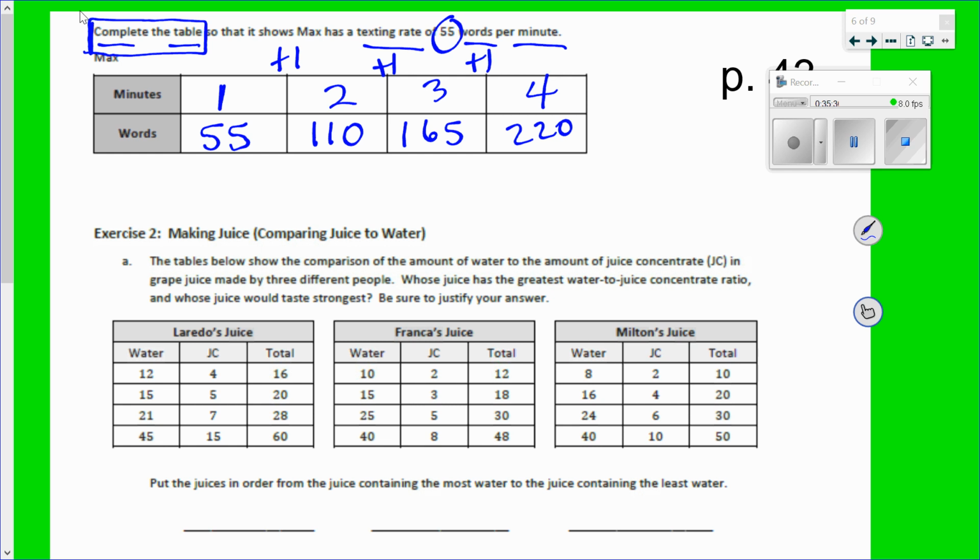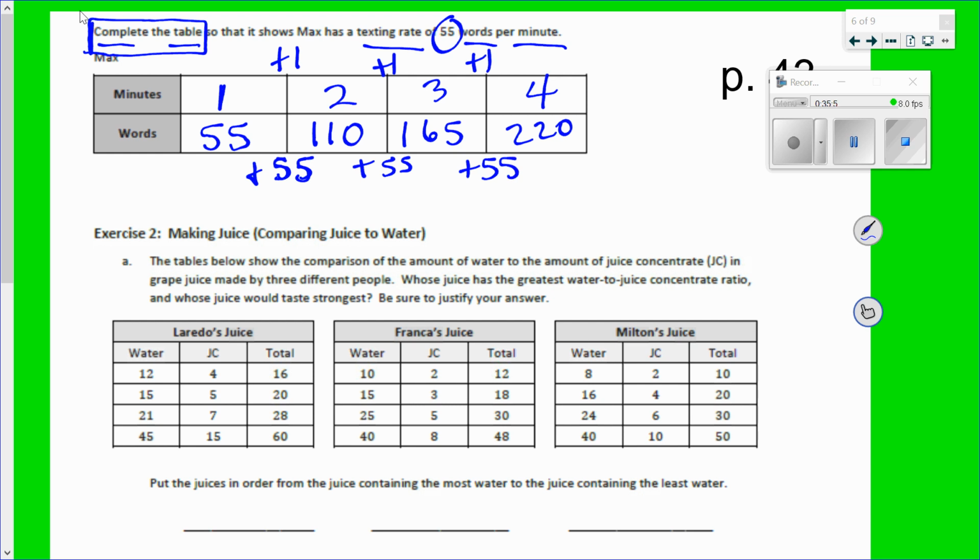I need to make that clear. It's hard with this. Plus 55, thank you for reminding me of that.